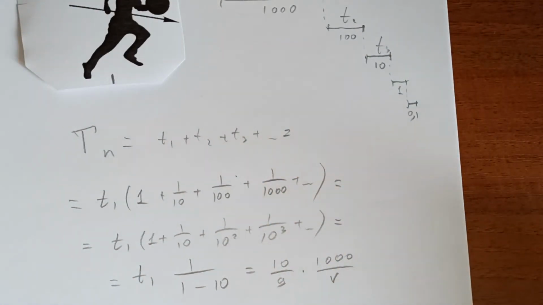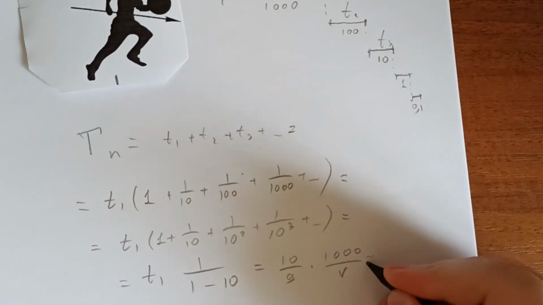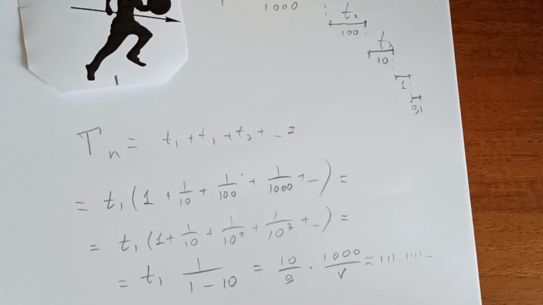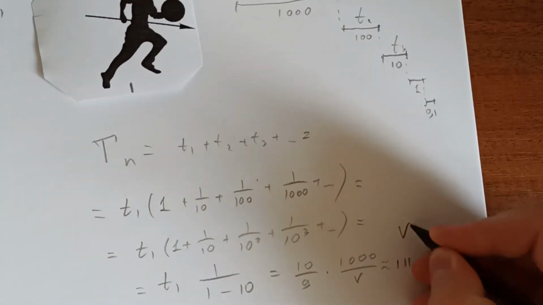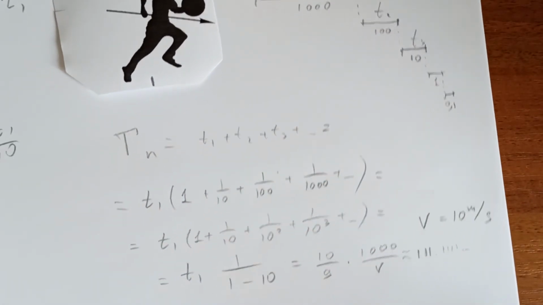If the velocity of Achilles is the same as a modern sprinter, we will get approximately 111.1111 repeating seconds if the velocity is 10 meters per second.